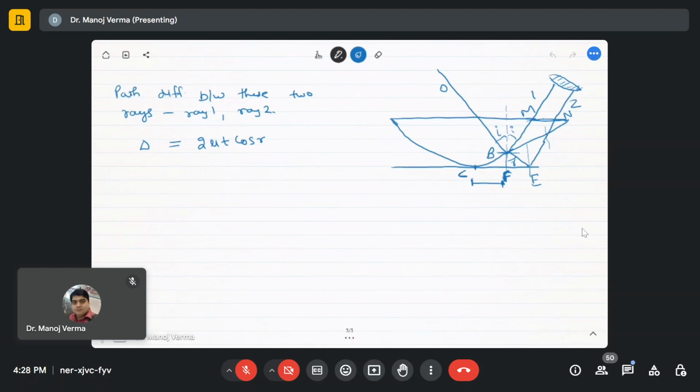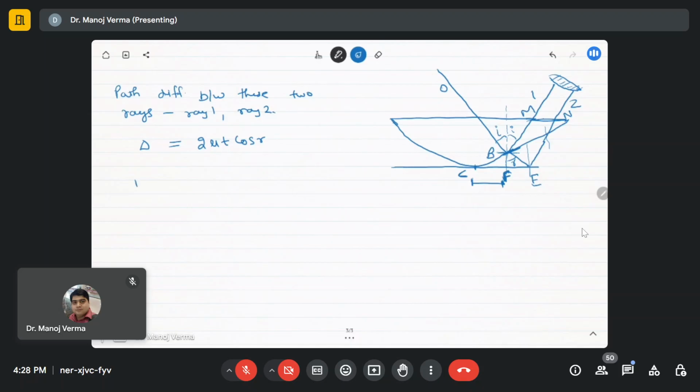Now since one of the rays is reflected from denser medium at point B, this reflection, ray 1, is created because of the reflection at the denser rarer interface. The point B represents the denser rarer interface, right?